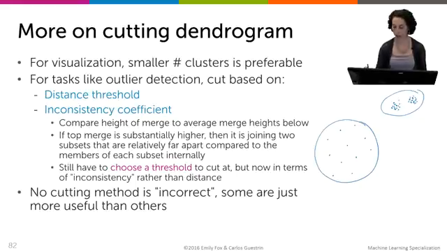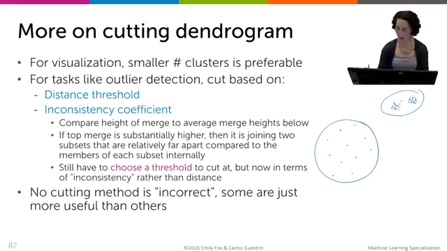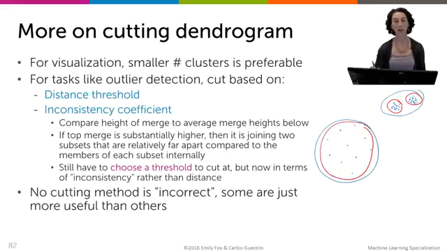But instead, what you might want to do, based on the structure of the data, is keep these as separate clusters, because within that cluster, the distances between points are really, really small, whereas the distance of this particular merge between these two red clusters was much larger than the distances of merges within each cluster here. So this cut of the dendrogram could allow you to do something like the following.